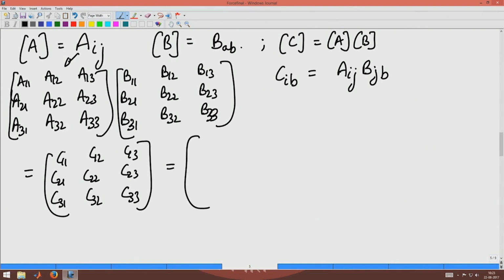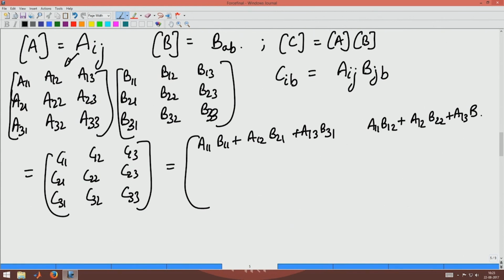which in terms of A and B would be A11 B11 plus A12 B21 plus A13 B31. The second entry would be A11 B12 plus A12 B22 plus A13 B32, okay, plus there will be additional terms.